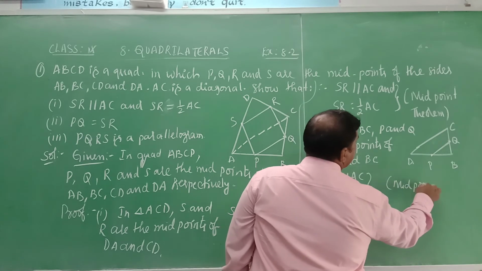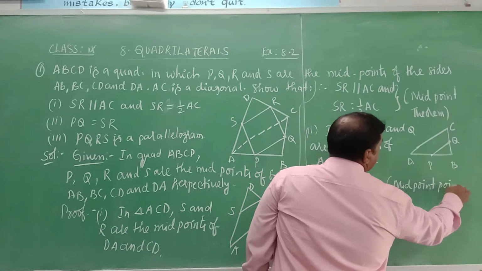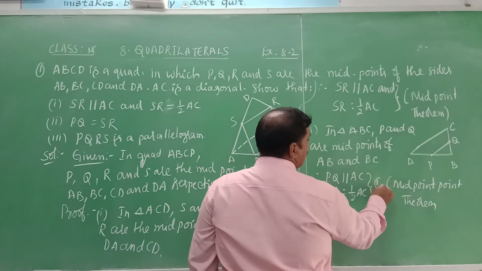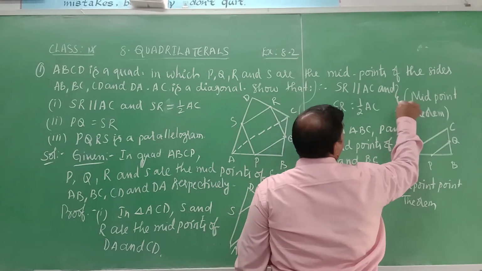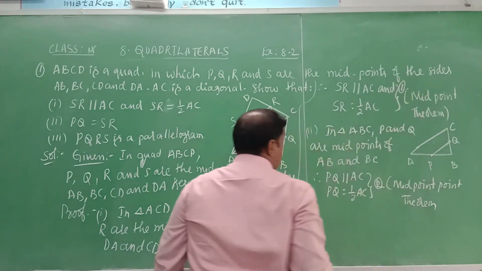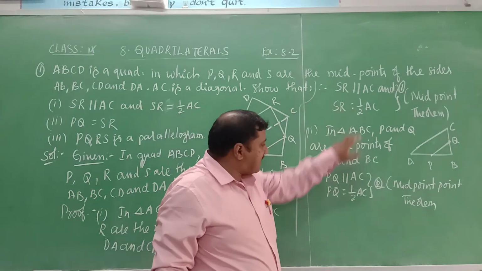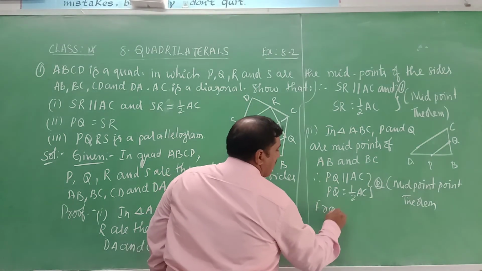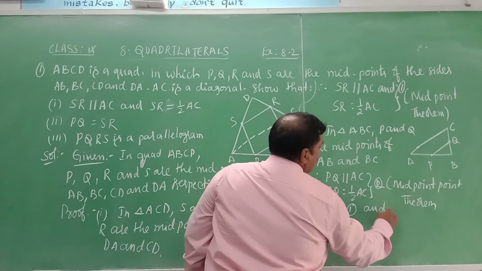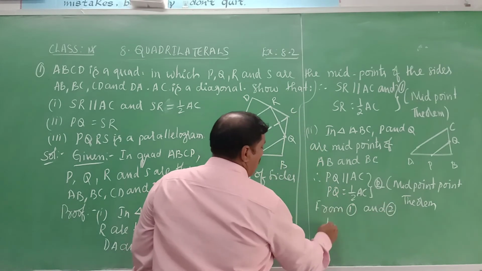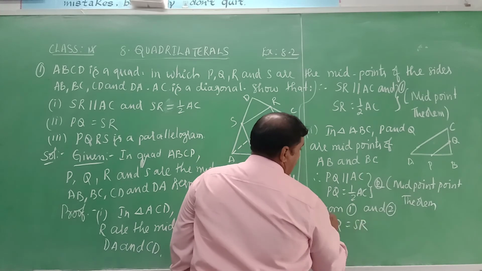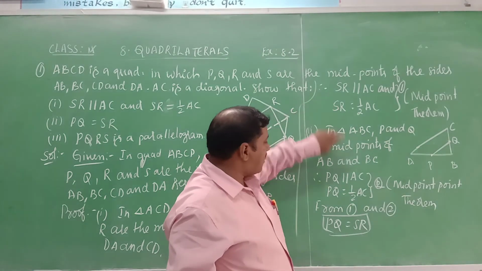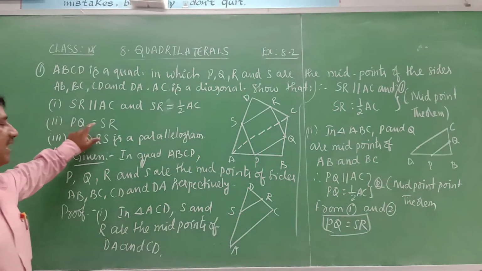By the midpoint theorem. Now we say this is equation 2 and this is equation 1. So from 1 and 2, we know SR is half of AC and PQ is half of AC. So from 1 and 2, we can say PQ is equal to SR, as the RHS half of AC are the same. So second one is done. PQ is equal to SR.